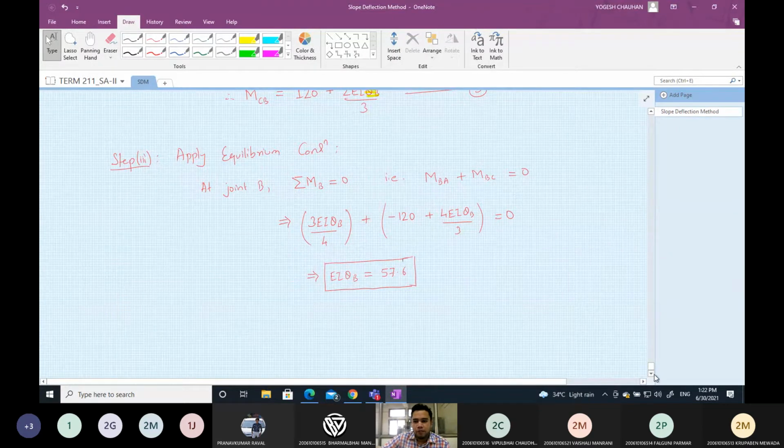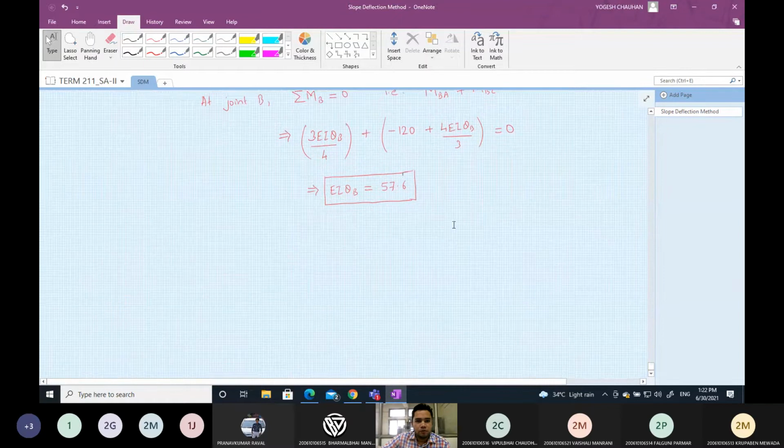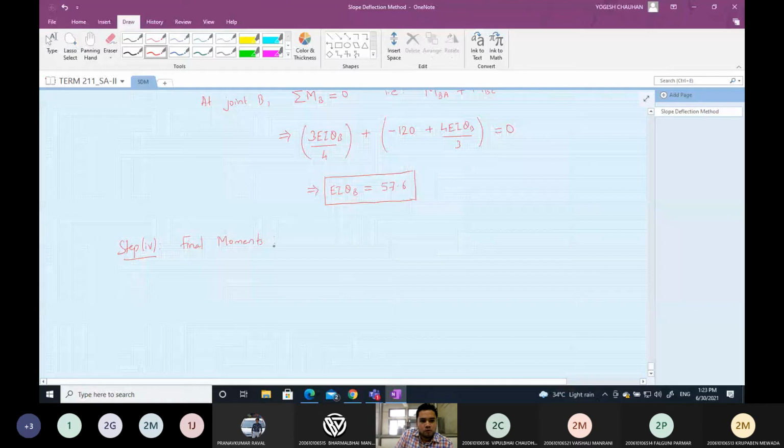Next step is to find the final moments. So you substitute the value of EI theta B in all the formulated slope deflection equations. You will get the final moments. MAB is 0.